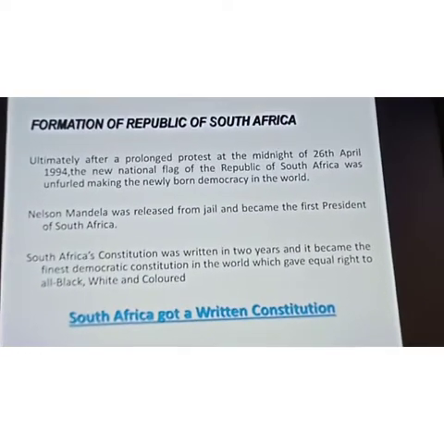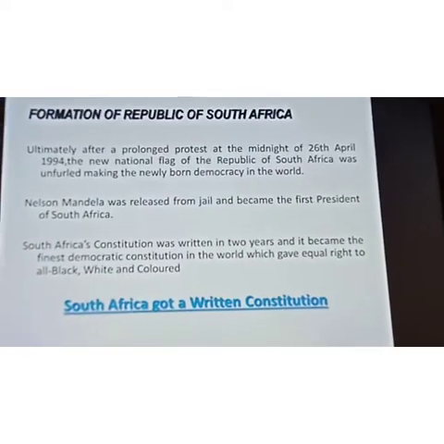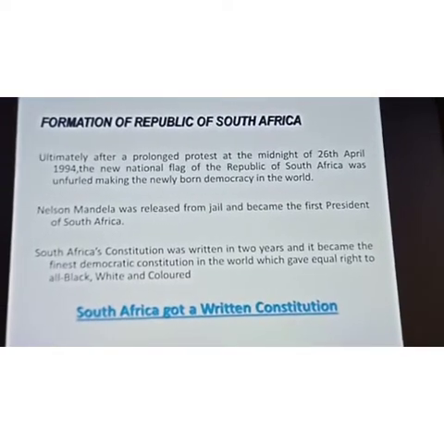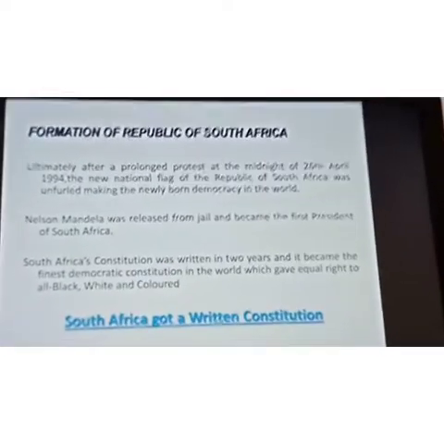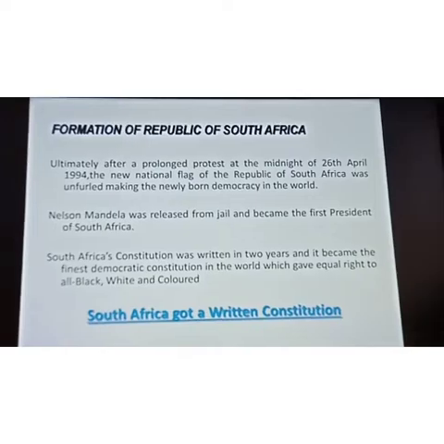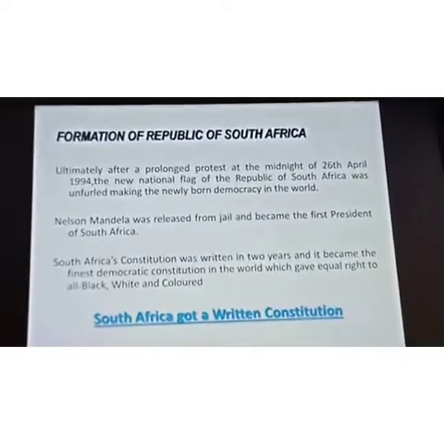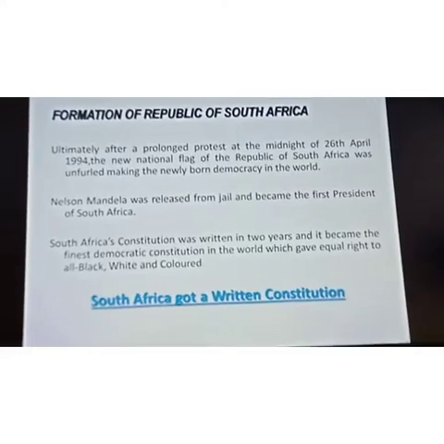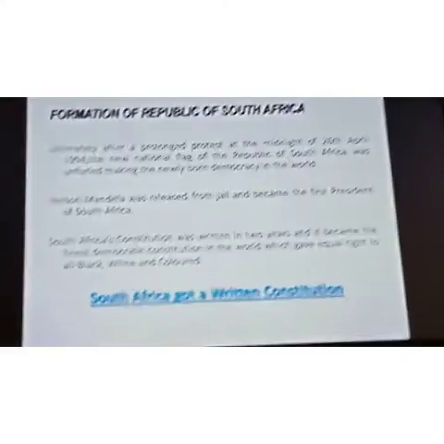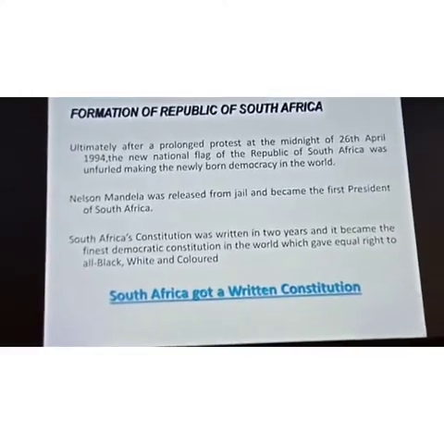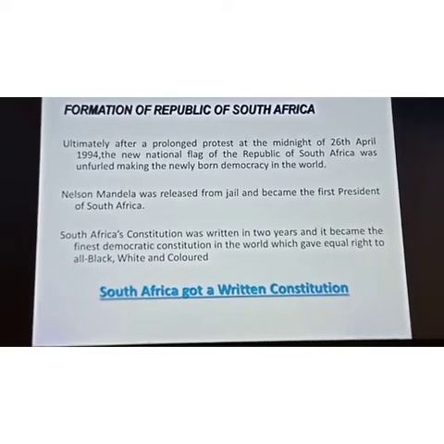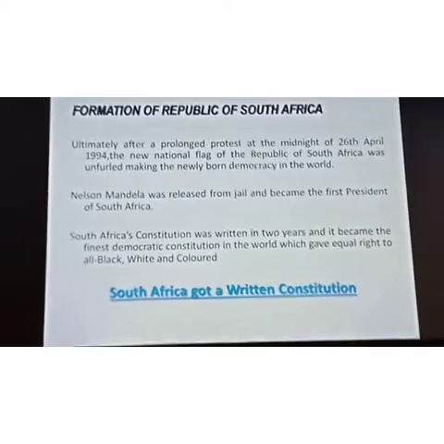So ultimately South Africa got one constitution with a sense of equality, and peace and equality prevailed. Why I'm discussing this is to show the importance of one written constitution and the importance of a democratic constitution. So I hope this much part is clear.